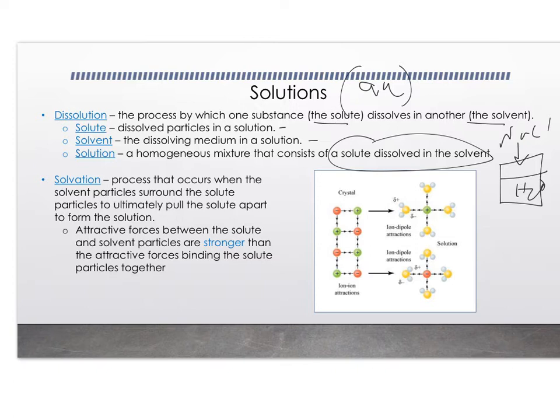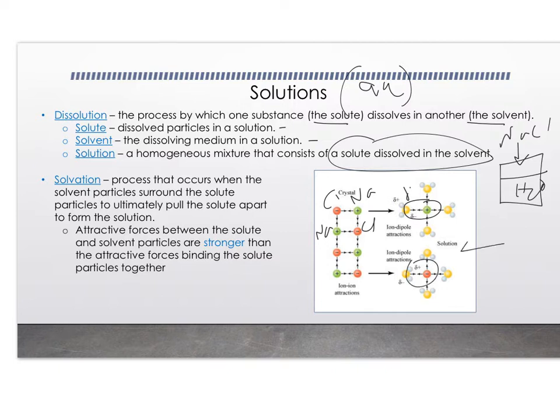The solvation is just the process that occurs when solvent particles surround the solute particles to ultimately pull the solid apart to form that solution. So in the previous slide, I had an example of sodium chloride where it orients itself based on the charges. And then the solvation process is whenever the water, due to its polarity, was able to surround the positive ion with its partially negative oxygen and to surround the chlorine with its partially positive hydrogen side.